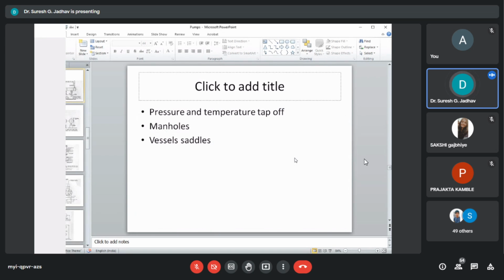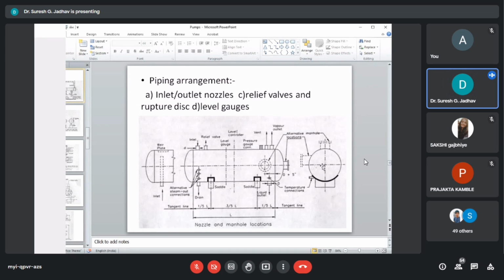Now, next is vessel saddles. In vessel saddles, ideally saddles are located at 1/5 of the drum length from each tangent line. Here you can see the tangent lines and the drum length from each tangent line.